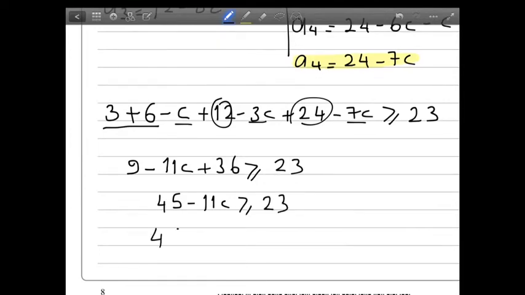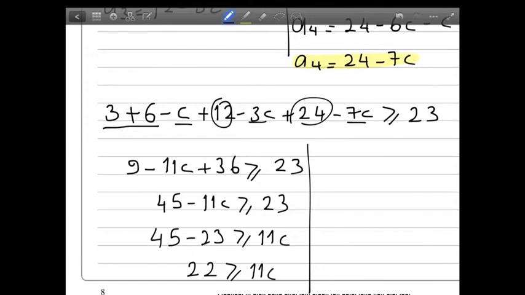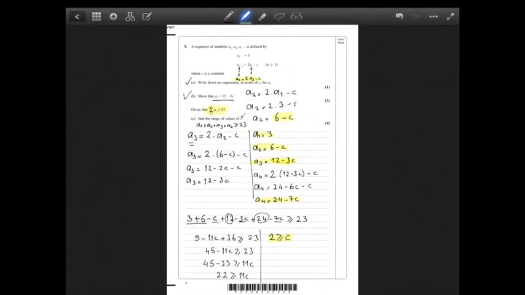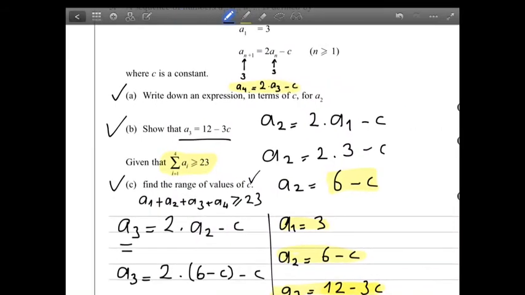We have 45 minus 23 is greater than or equal to 11C, and we have 22 is greater than or equal to 11C, and we divide both sides by 11. We have 2 is greater than or equal to C. This is the range of C. This is the last part of the question and the end of the video.